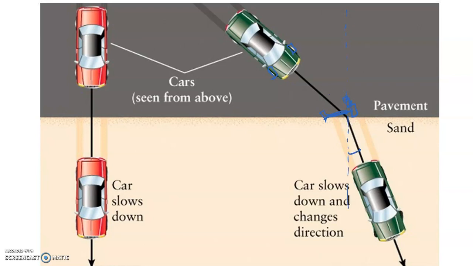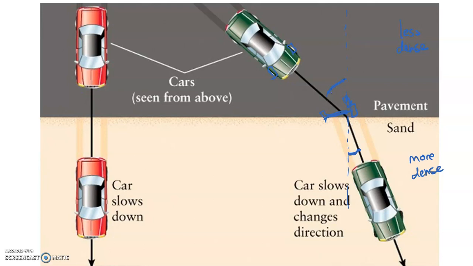And so what we have is, after we've gone to the more dense medium, so the sand is more dense, the pavement is less dense, just in terms of what you're driving on in this case. It's an analogy. It's going to bend towards the normal, and the angle of refraction is going to be smaller than the angle of incidence.